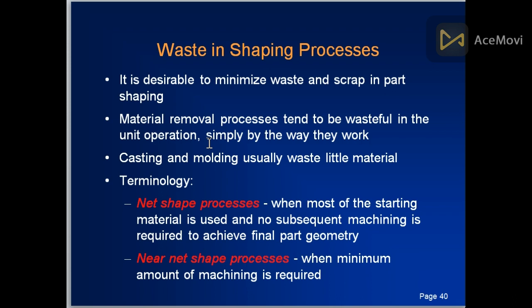This scrap can be reduced by using techniques of manufacturing processes. Casting and molding usually waste little material. There are two terminologies, near net shape and net shape. I have discussed it before. When most of the starting material is used and no subsequent machining is required to achieve the final part geometry, it is net shape. It is near net shape when some amount of machining is required.